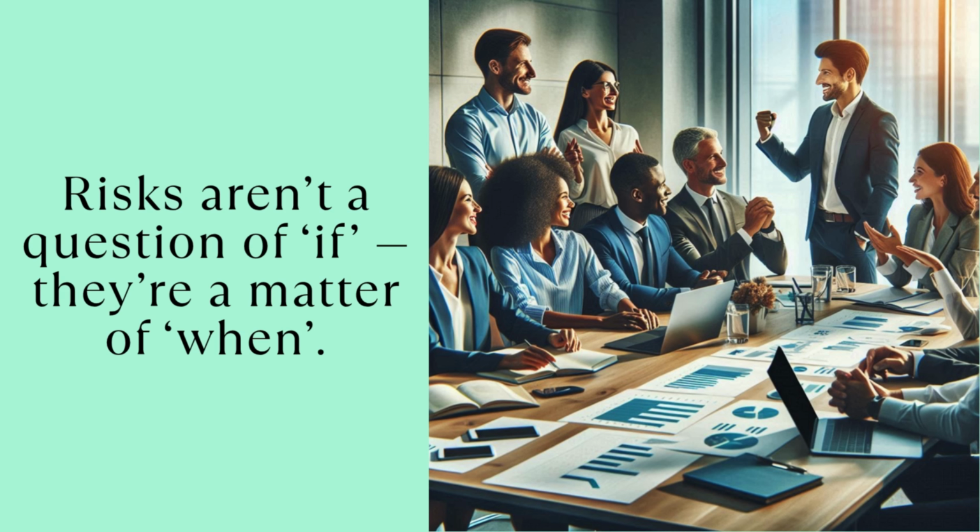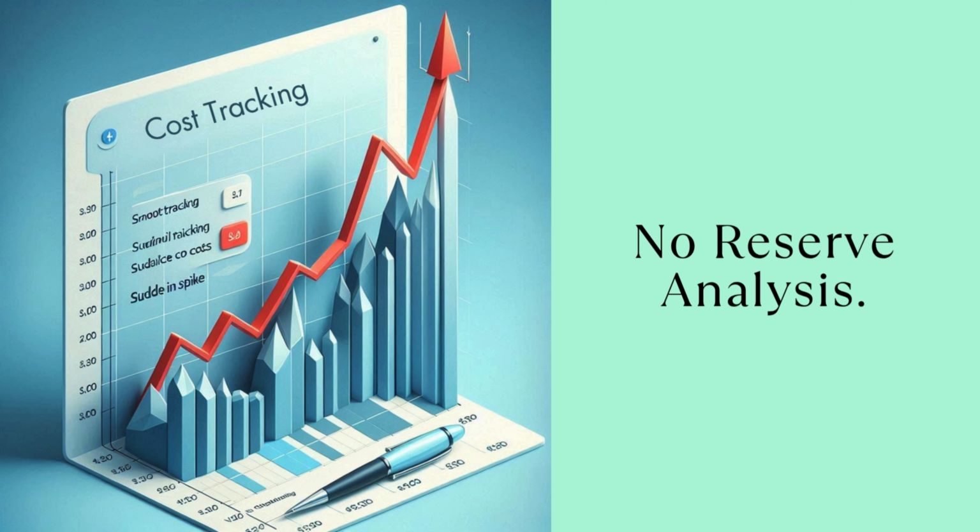Let's get into it. 2 years ago, a mid-size SaaS company launched a platform migration. They had contingency, or so they thought. But they'd underestimated integration risks. 14 weeks in, unforeseen code conflicts with legacy systems caused massive rework. Their budget?